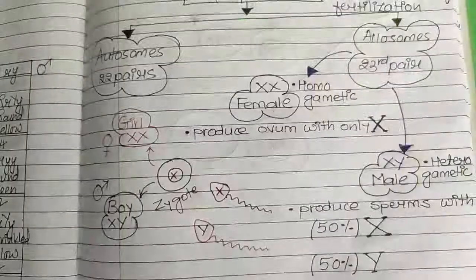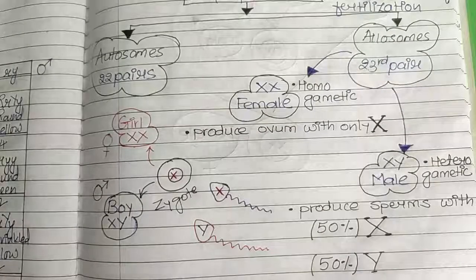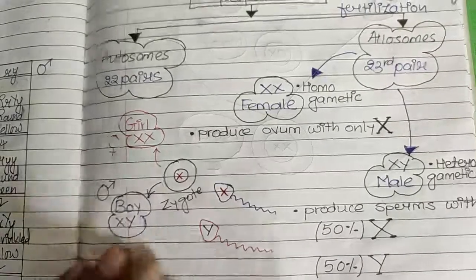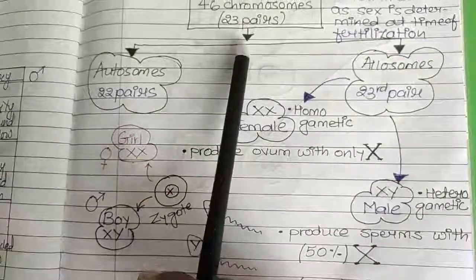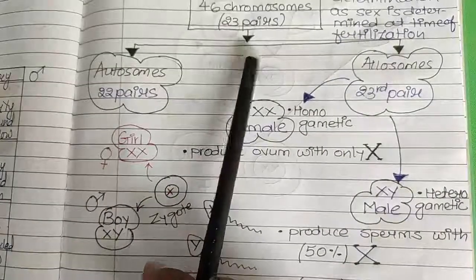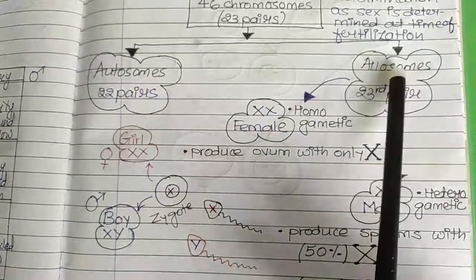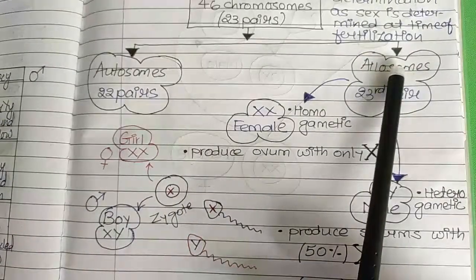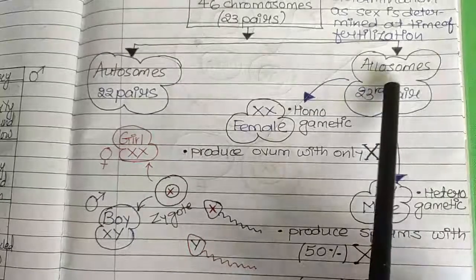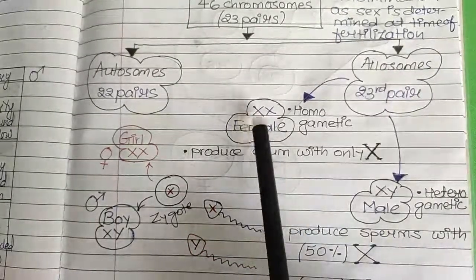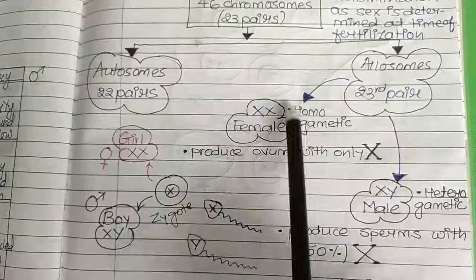Clear? So let us have a quick recap of this particular technique. Humans have a total of 23 pairs of chromosomes, out of which 22 are autosomes, and the last pair is termed the allosome or sex chromosome. These sex chromosomes in the female are homogametic.